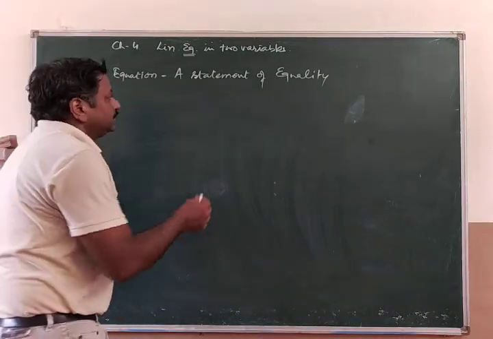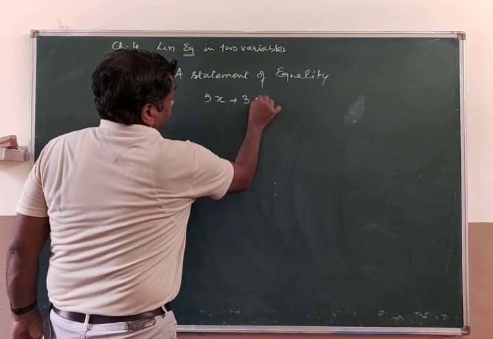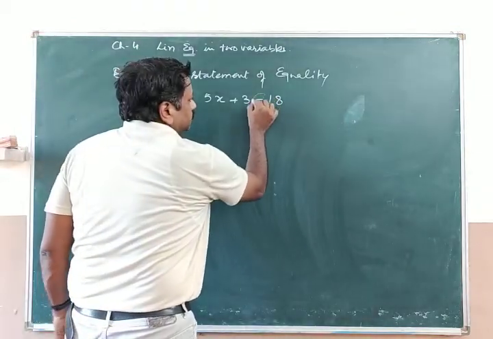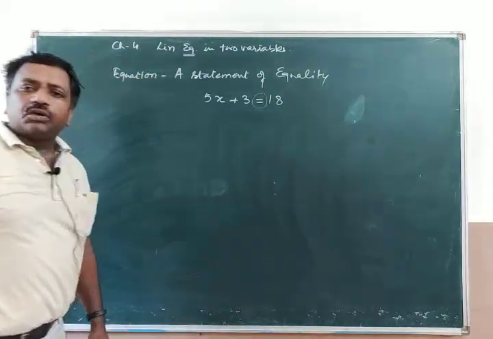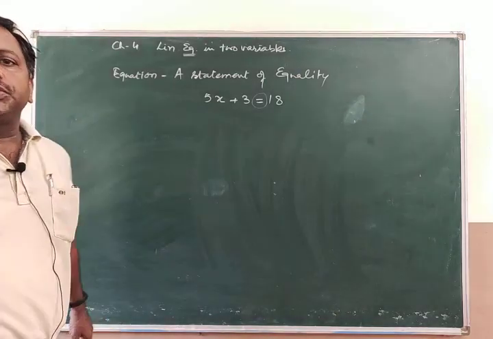For example, 5x plus 3 equal to 18. So this equal to sign represents that it is an equation.